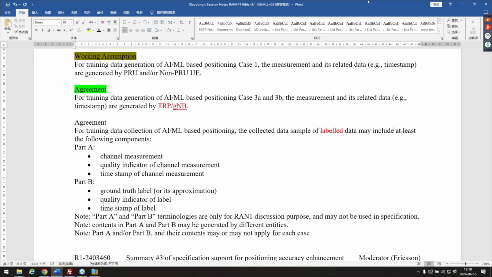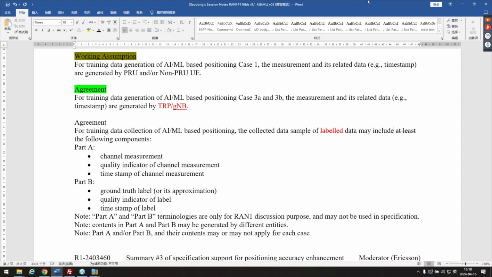Yeah, same understanding as Mohammed, because in the previous version, in case of part A, the triplet of the training information should at least be needed. That was your intention, because part A can include a subset of the three sub-bullets. It doesn't make sense to collect something without measurement.